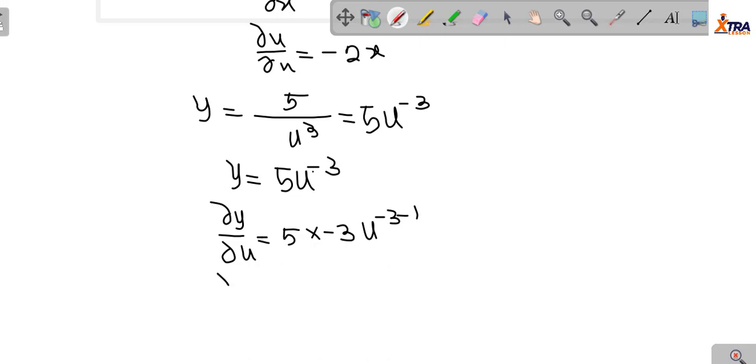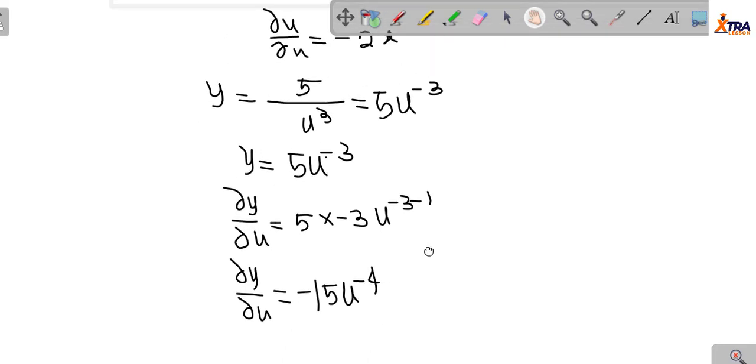So we have dy over du equals minus 15 u raised to power minus 4. So we have gotten our du over dx as well as dy over du.